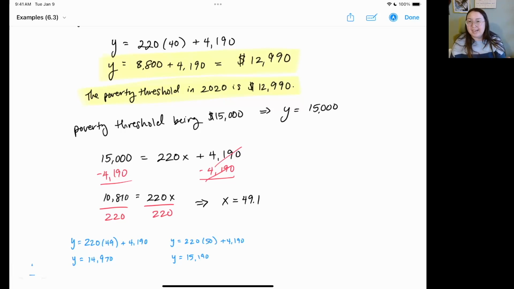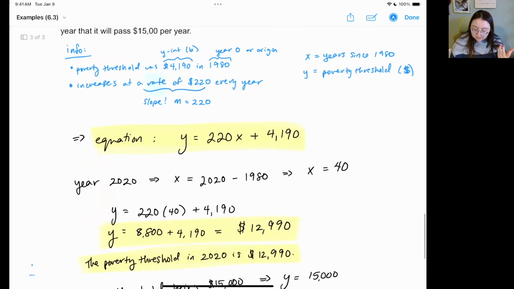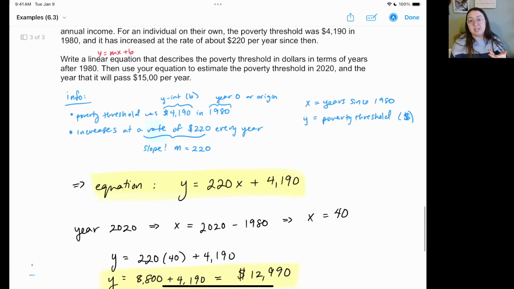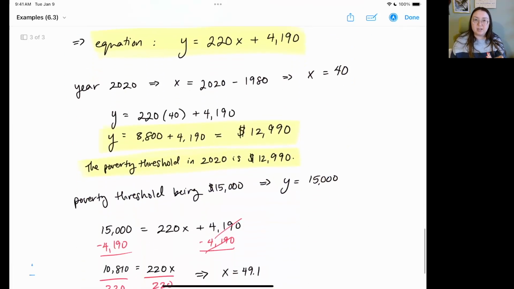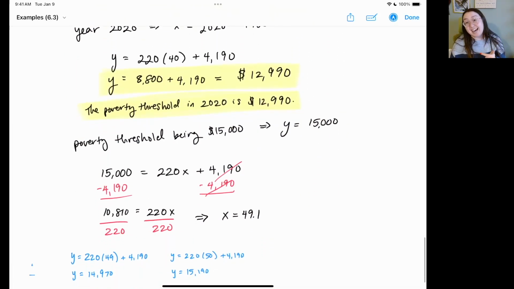So in the year 49, or 2029 technically, because it's 40 years past 1980, that 49th year doesn't pass. Our value here is 49.1, which technically tells us the exact moment in time it becomes 15,000. But our question was, in what year does it pass 15,000? It doesn't pass 15,000 in the 49th year, but it does pass in the 50th year.